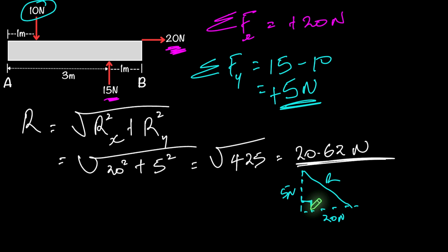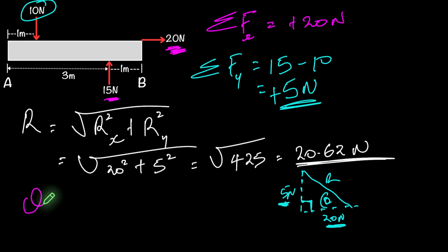And we're now going to find that angle there, which we're looking at using tan inverse, because this 5 newtons represents our opposite side and this 20 newtons represents our adjacent side.